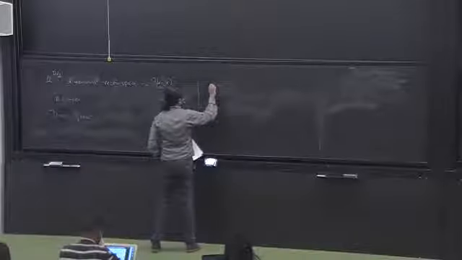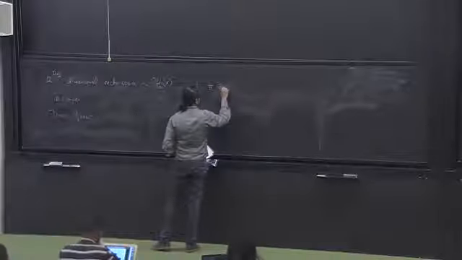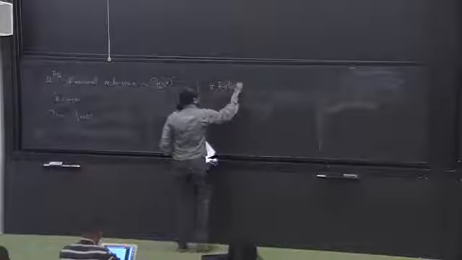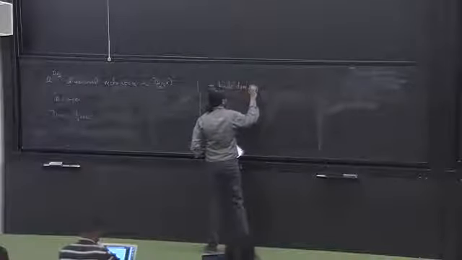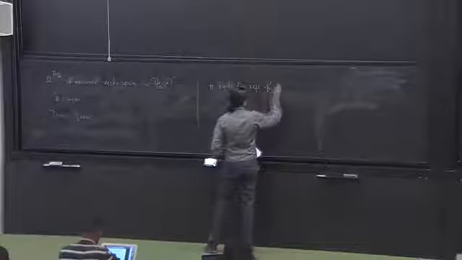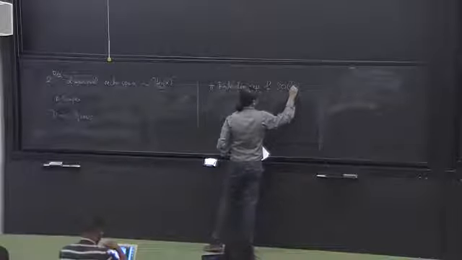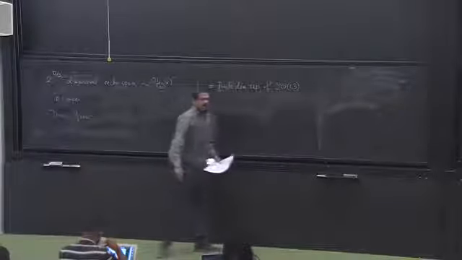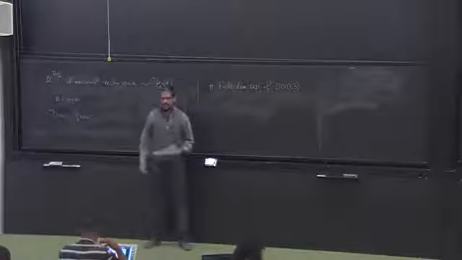So this is a finite dimensional representation of the Lorentz group, and therefore, it is not unitary.